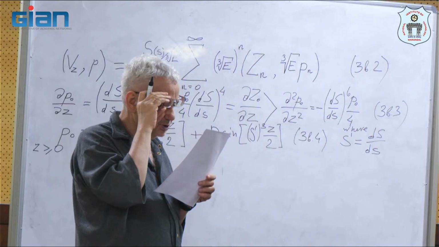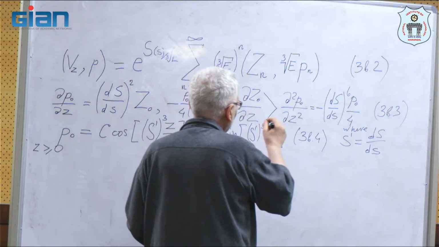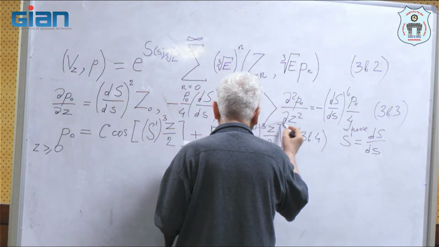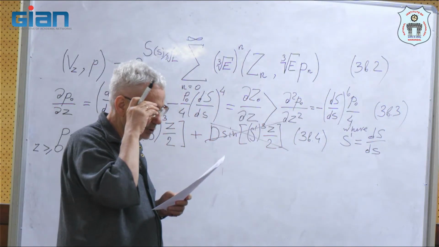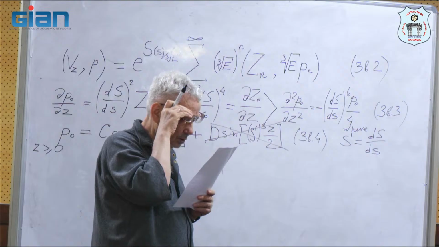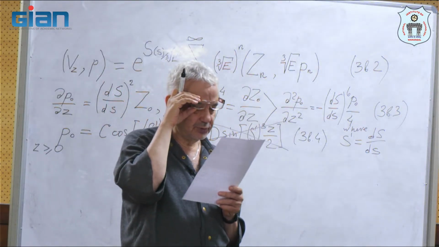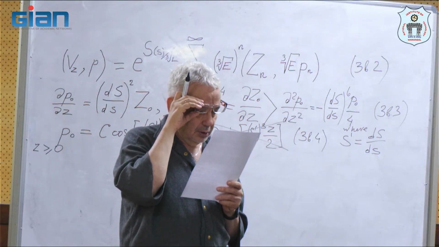This second term, this one, due to the symmetry condition. So we can suppose, to satisfy the symmetry, that D is equal to zero.